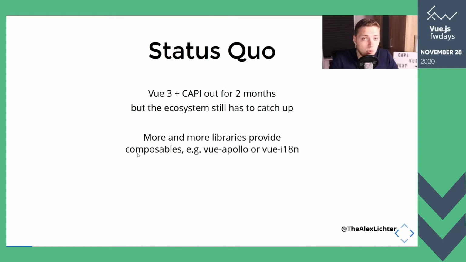The good thing is more and more libraries actually provide composables, for example, Vue Apollo or Vue i18n, and even better, these composables are mostly not only compatible with Vue 3, but also with Vue 2 and the composition API. So this combination really makes a viable option now. And even better, it makes a really viable option now because the Vue 2 composition API plugin is still in beta, but not marked as experimental anymore.